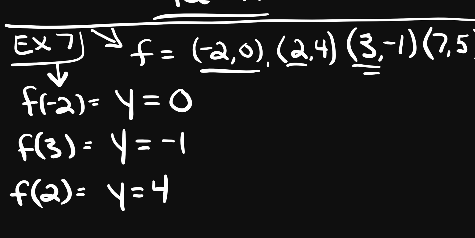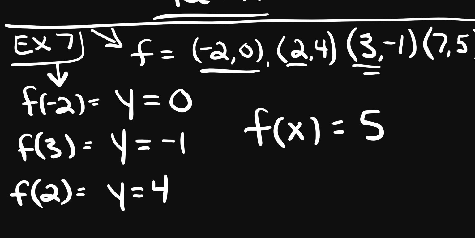And to throw my own little twist on this, 7, 5. Well, what if this were written as f of x equals 5? See, it's not in the place of the x, it's what the result is. So now this is saying, remember, f of x is the same as y.